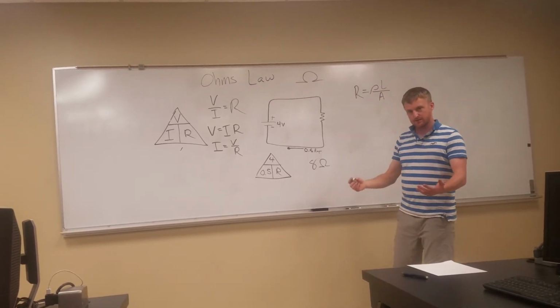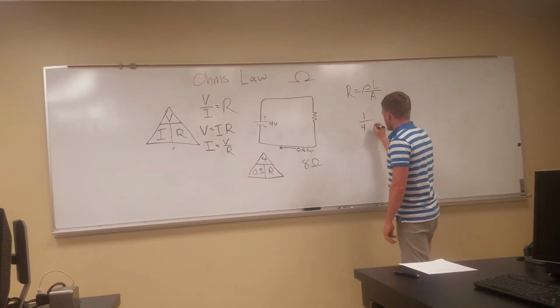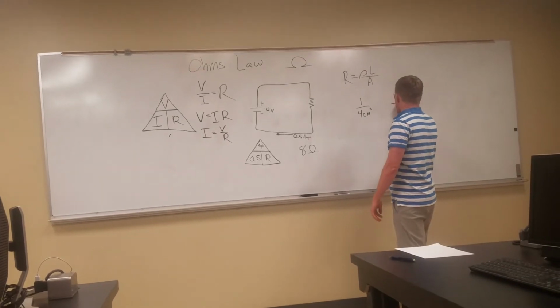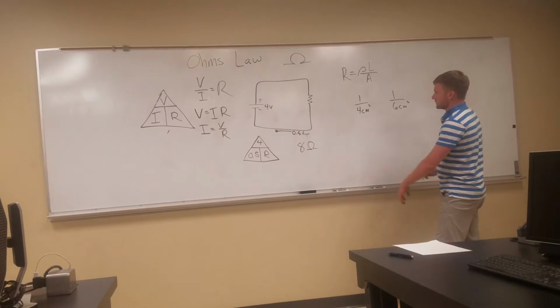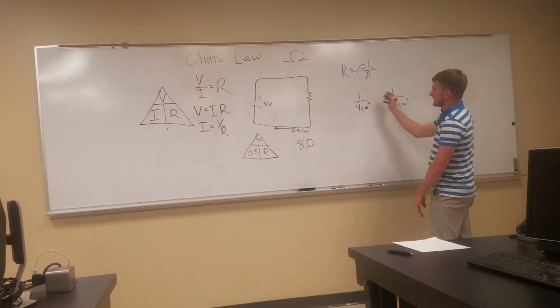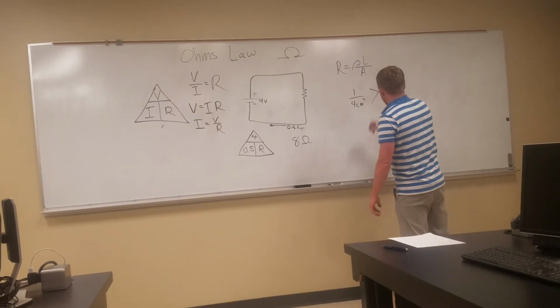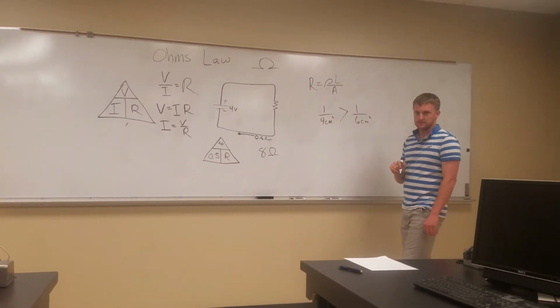Say you have an area of 4 centimeters squared, and you have another item that is 6 centimeters squared. If the lengths are both the same, then the one with the smaller area has a greater resistance.